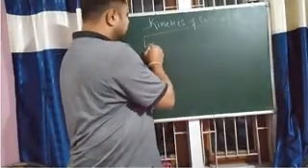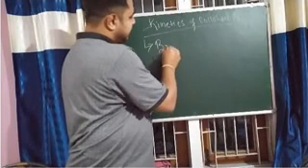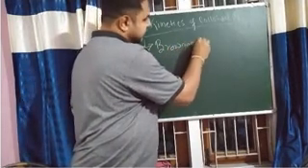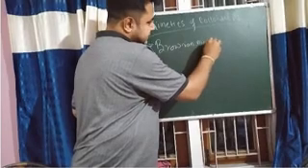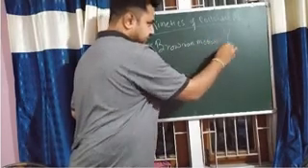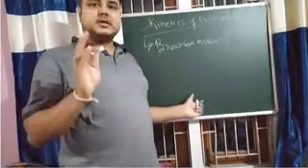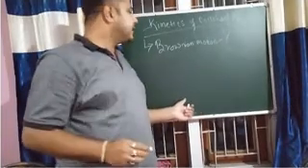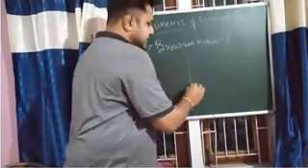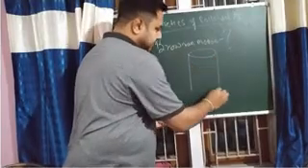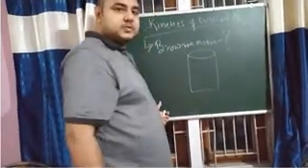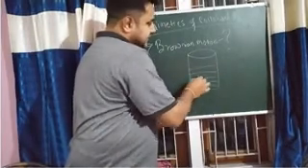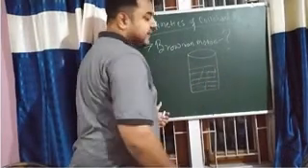So the Brownian motion. What is the Brownian motion? There should be one question in your mind: what is the Brownian motion? Suppose this is a vessel. In this vessel we have the dispersion medium.